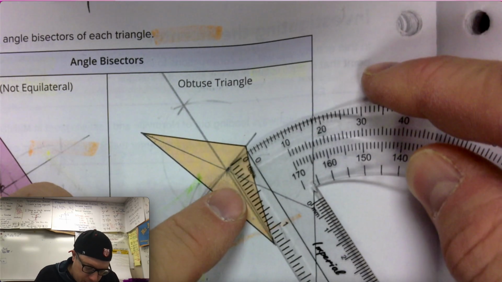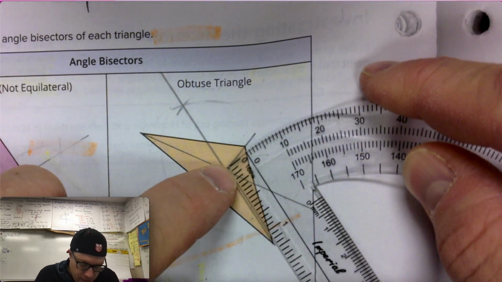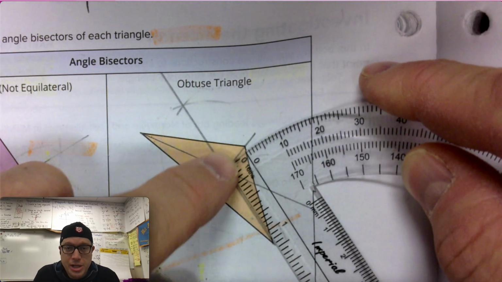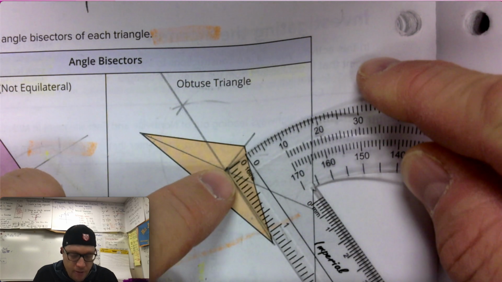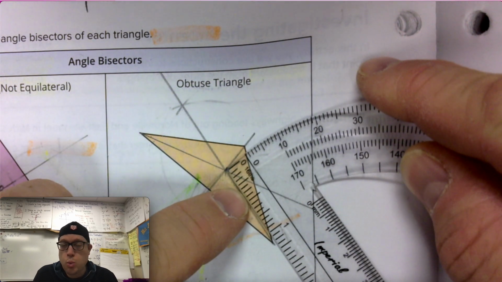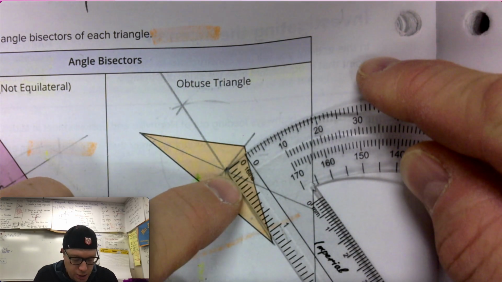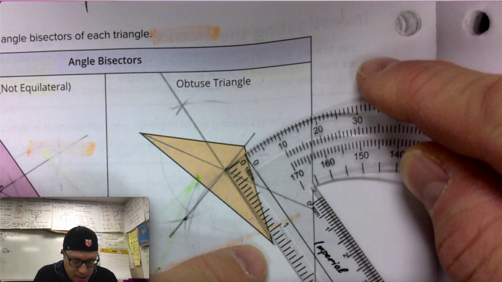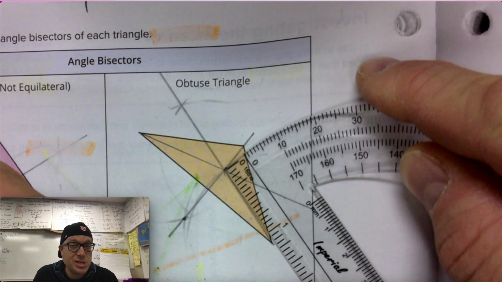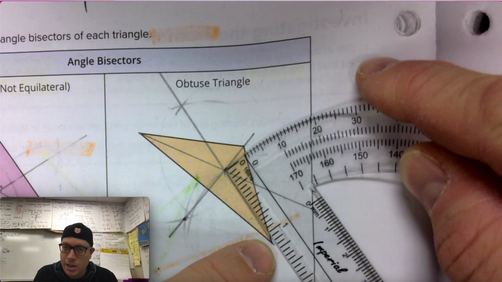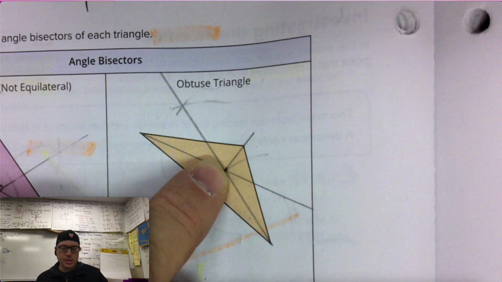But let's do it. Lining up my protractor for a line segment, putting it on 0, every little tick mark is 1/16th of an inch. So I go out to 1 inch, 1/16th, 2/16ths, an inch and 2/16ths. 2/16ths is an eighth, so an inch and an eighth from the incenter to that vertex.